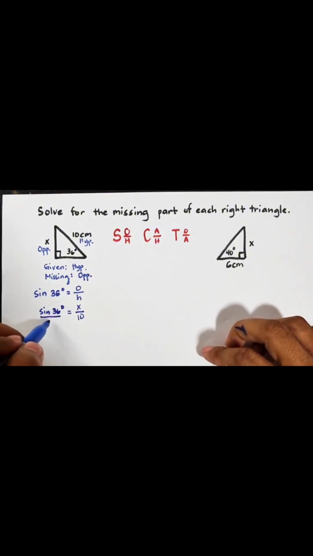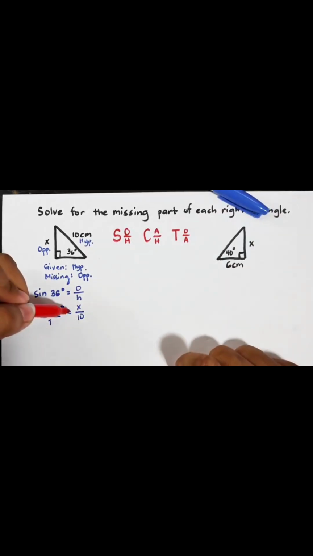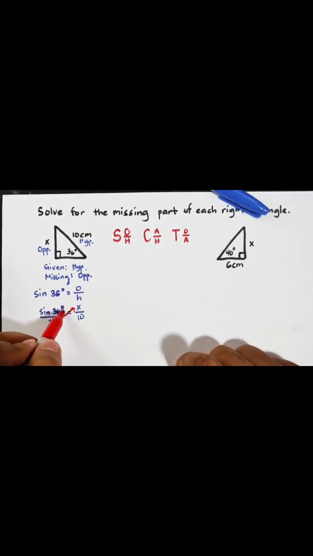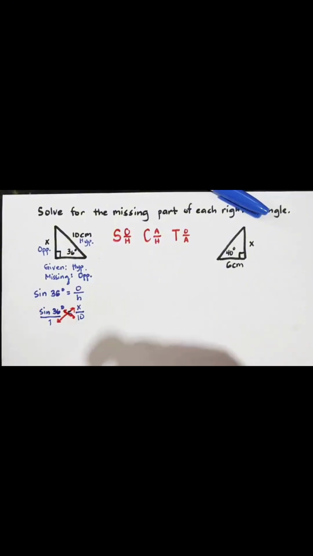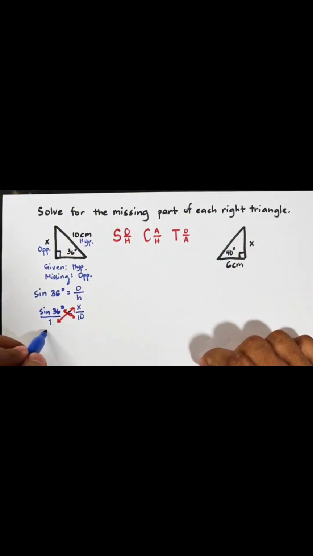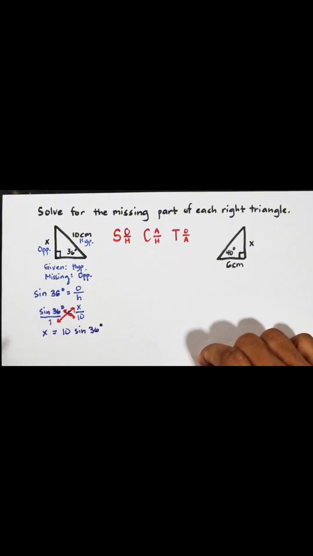I will use a different ink. I will cross multiply 1 times x, and 10 times sine 36. 1 times x is x. On the other side, we have 10 times sine 36 degrees.